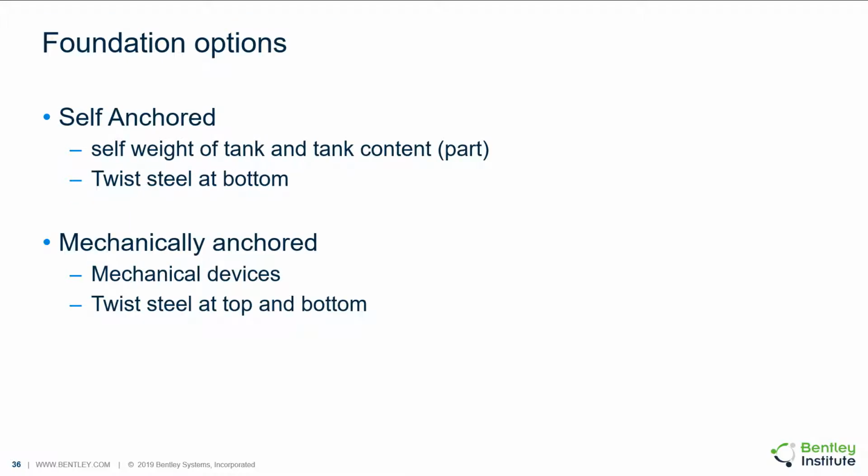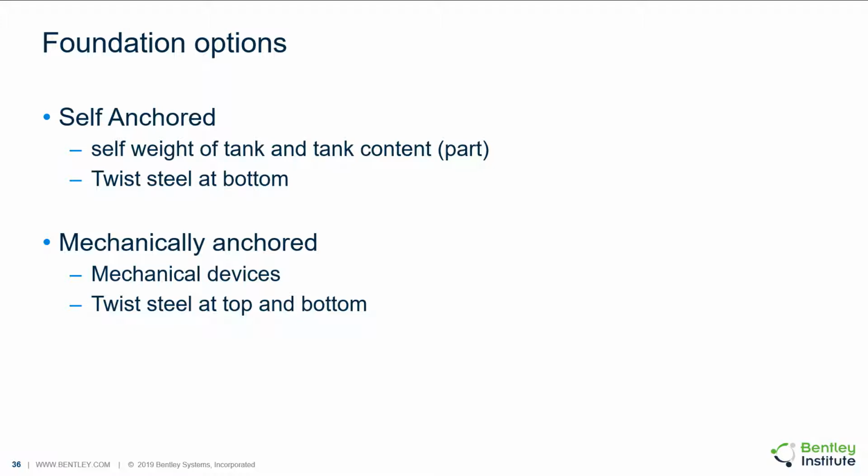In STAAD Foundation Advanced, you can design self-anchored, or in other words, unanchored tanks, or you can design mechanically anchored tanks. There are a few important differences between the two, especially when it comes to checking for stability. For self-anchored tanks, self-weight of tank and part of the tank content are used to calculate the resisting force to overturning and uplift, whereas for mechanically anchored tanks, you are relying on mechanical anchoring devices like anchor bolts.